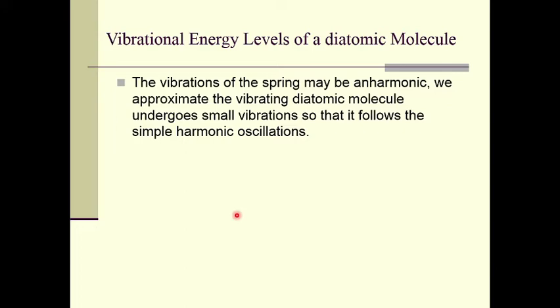We say that it undergoes small vibrations only, so that it follows simple harmonic oscillations. Simple harmonic oscillations are periodic oscillations about the mean position, and there is some restoring force that balances whatever force is applied to the oscillator.